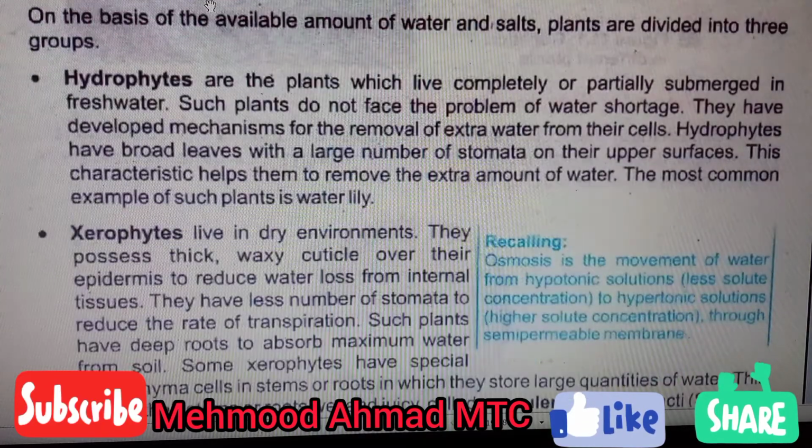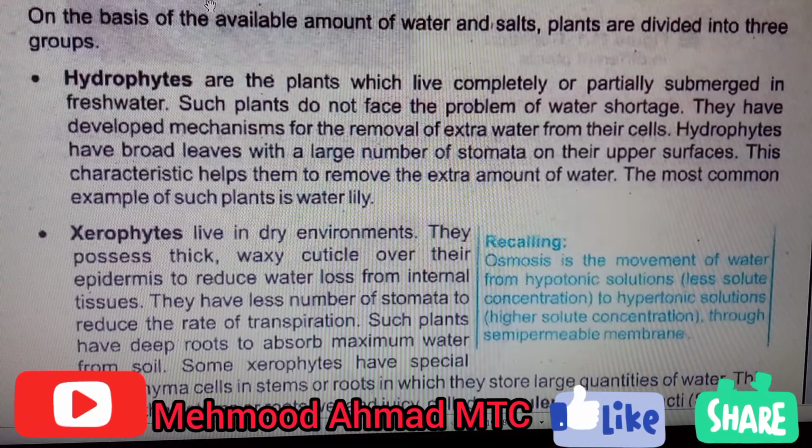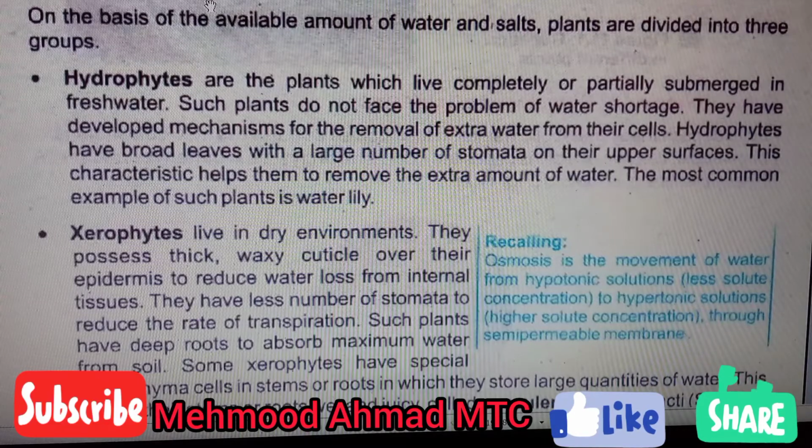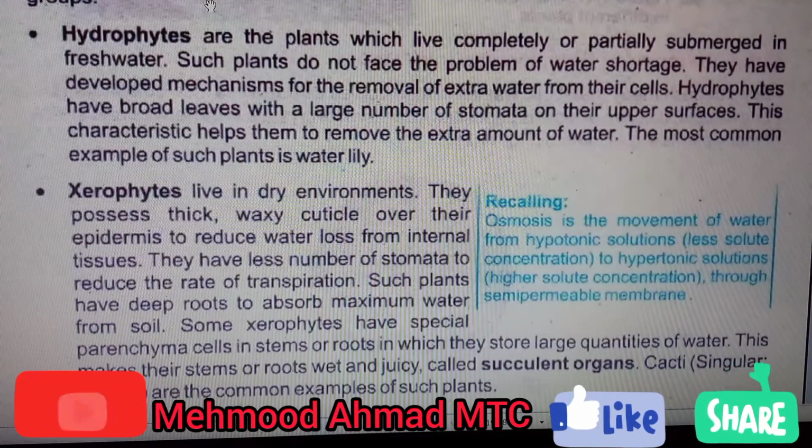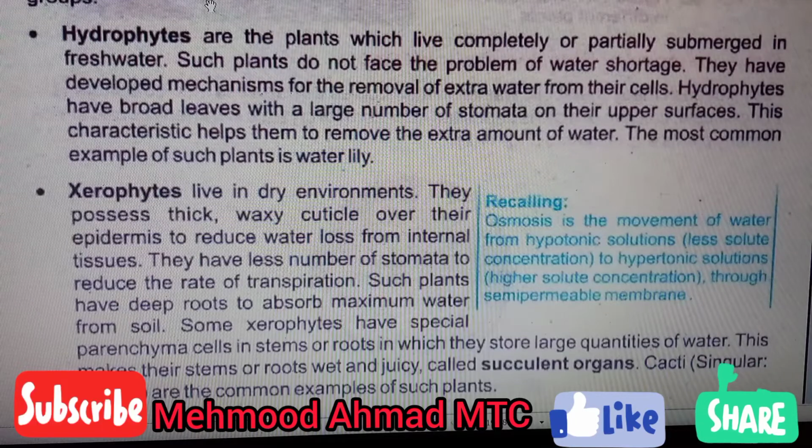Some xerophytes have special parenchyma cells in stems or roots in which they store large quantities of water. This makes their stems or roots wet and juicy, called succulent organs. Cacti, singular cactus, are the common examples of such plants.